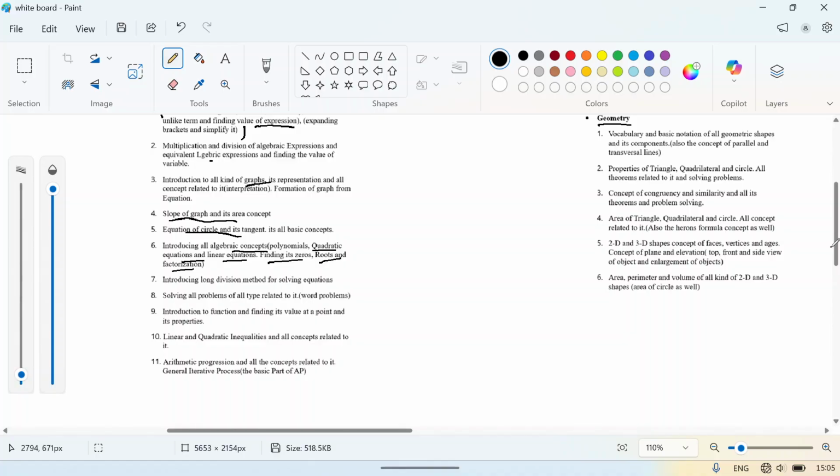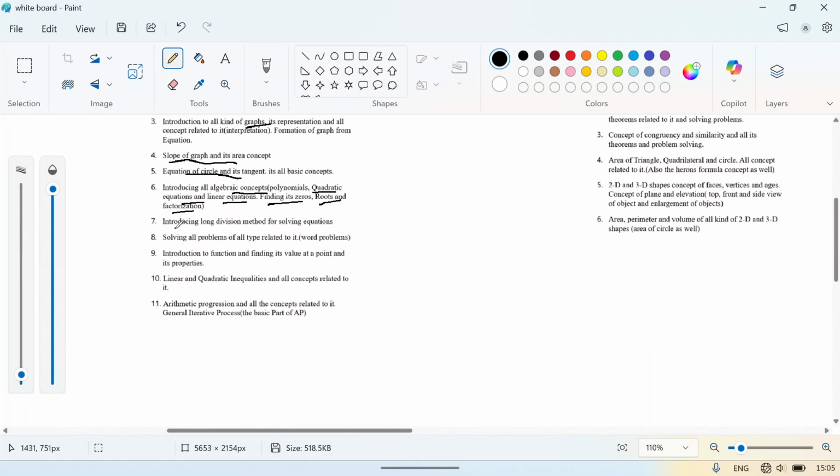Then the next topic, an introduction to the long division method, one of the useful methods for solving or factorizing quadratic and cubic algebraic expressions. Then some practical or mathematical problems based on quadratic, cubic, and biquadratic equations. Then an introduction to functions, finding the value of a function at a point and its properties.